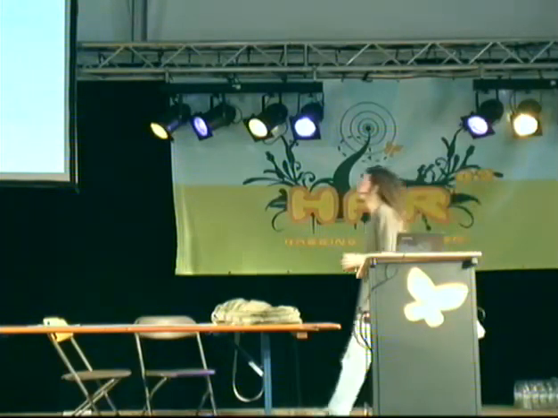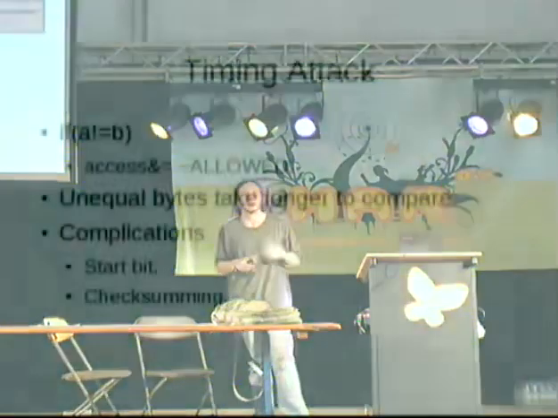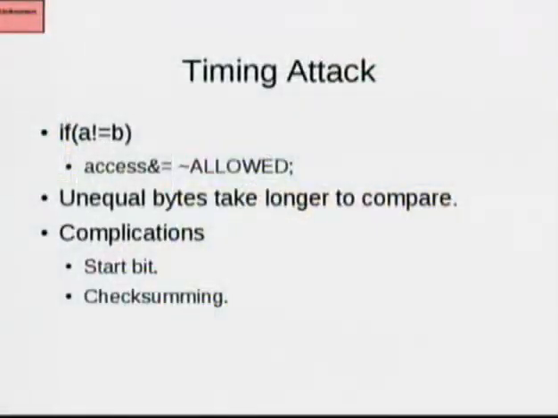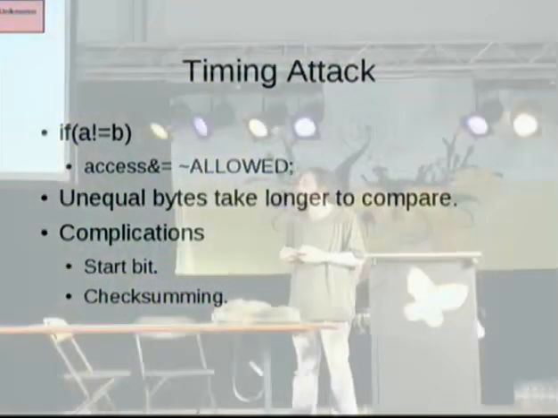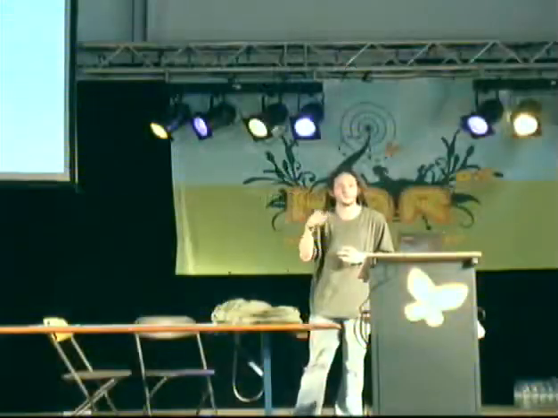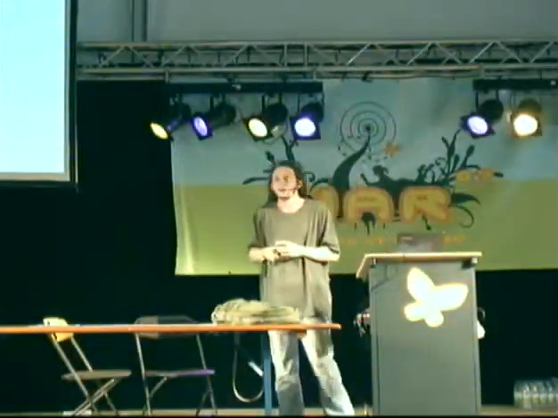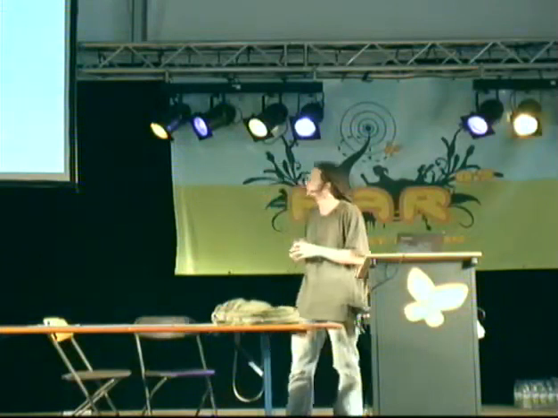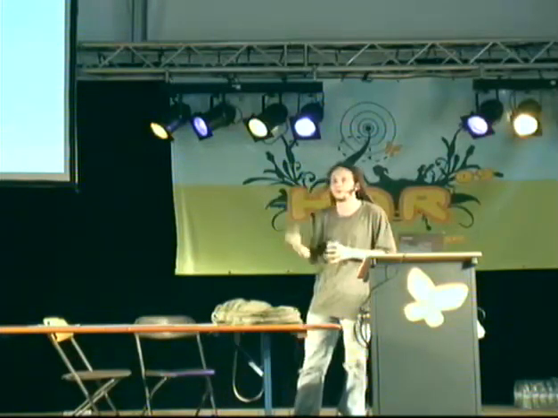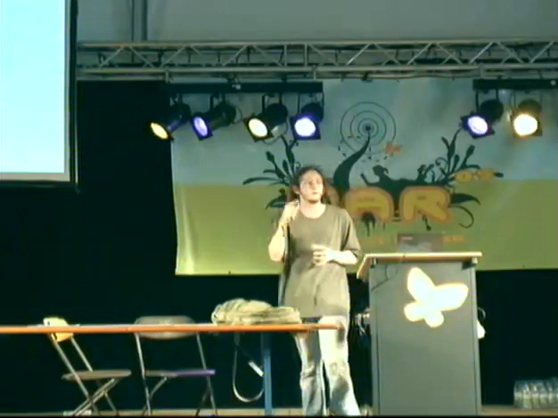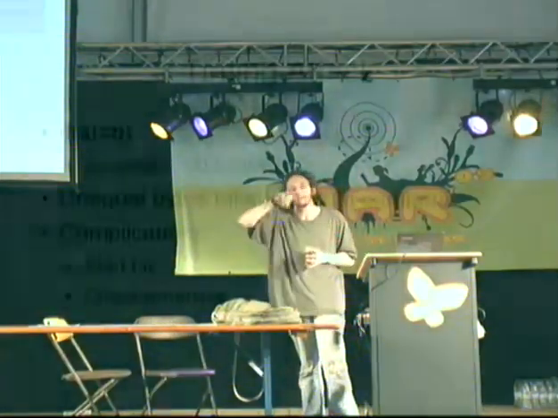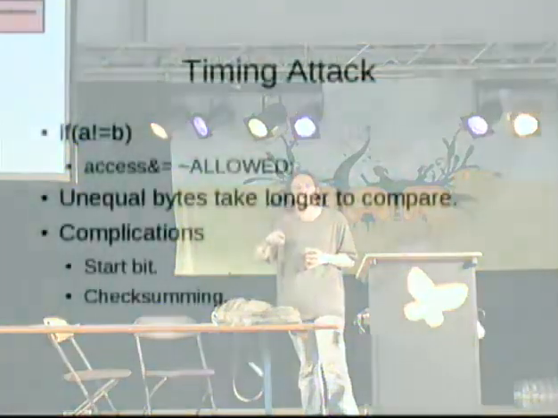And you have further complications. You have a start bit. In asynchronous serial, when you have an incoming byte, the line stays high and idle until that byte begins to be transferred. Then the line drops low for a single bit. That's called the start bit. And then the rest of the bits are sent least significant first. But if you look at the code inside the chip that's actually implementing this serial port, it will have a while loop that spins until the line drops low.